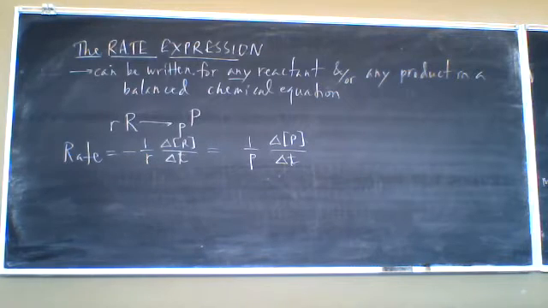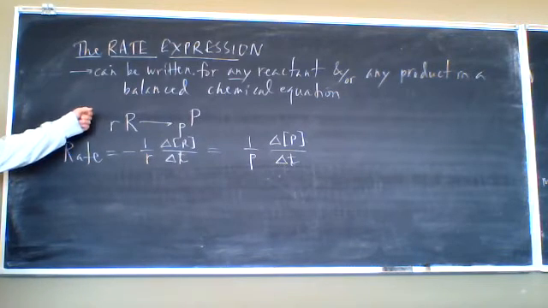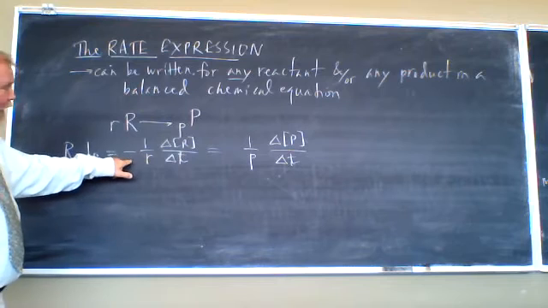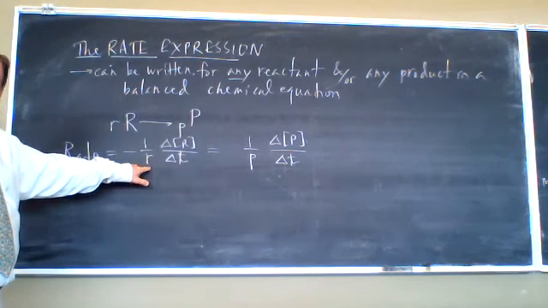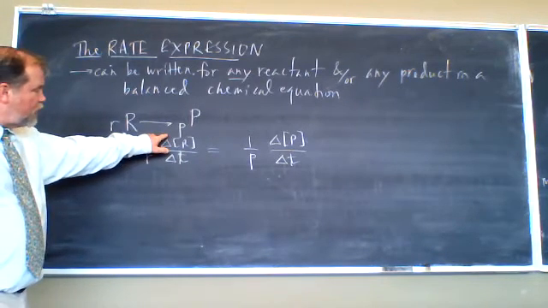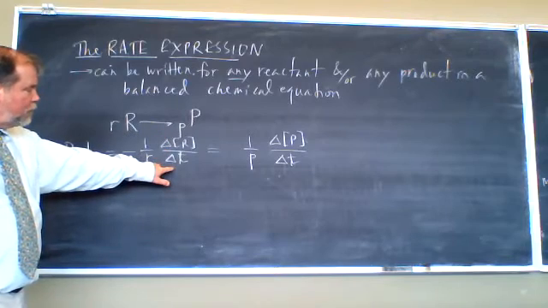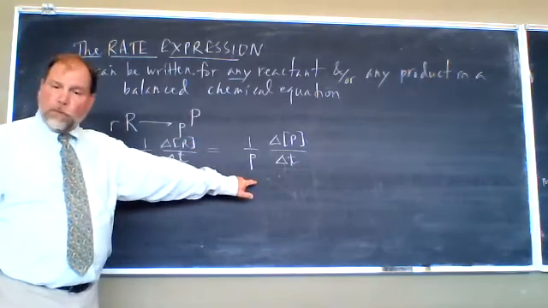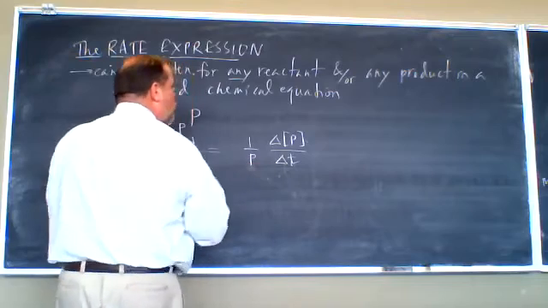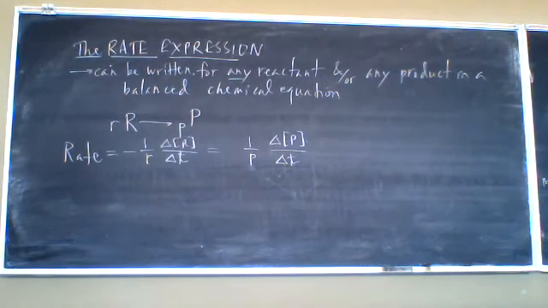And so the rate expression can be written for any general equation, negative 1 over the molar coefficient of the reactant times the change in concentration of the reactant with time, or the reciprocal of the molar coefficient in front of the product times the change in concentration with time, right?